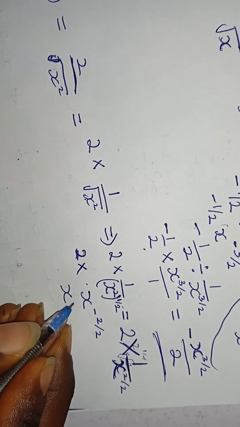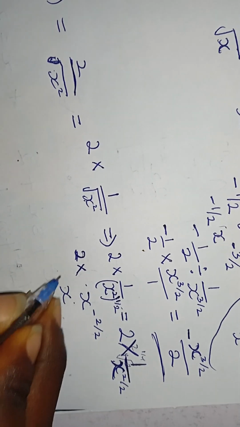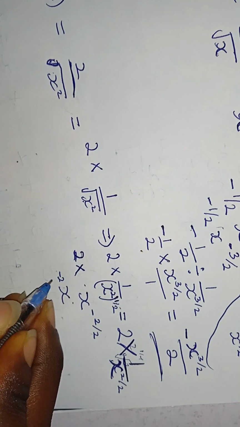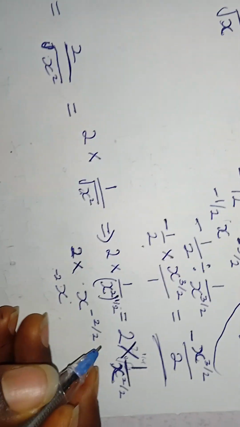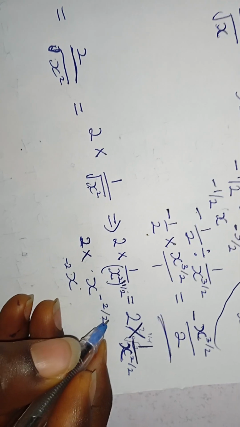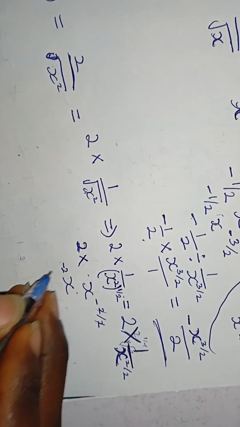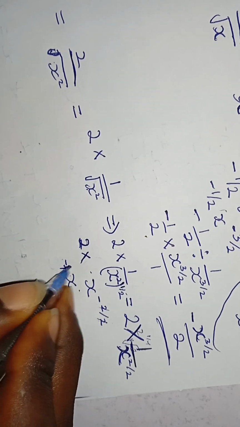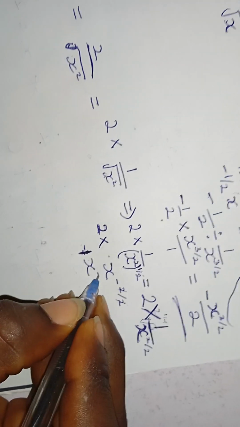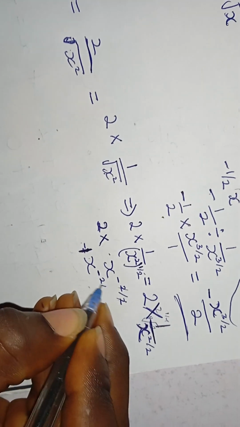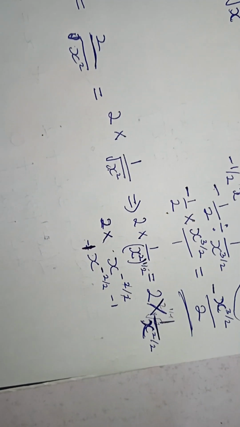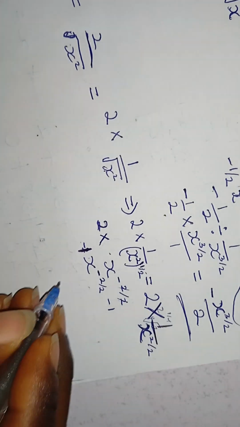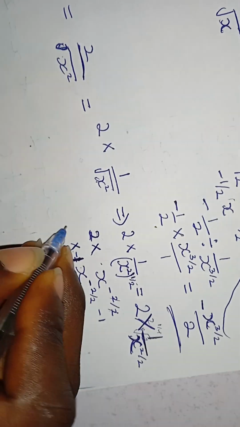So now this is going to be minus 2 over 2, which is the same as minus 1. Then minus 2 over 2 minus 1, times 2.